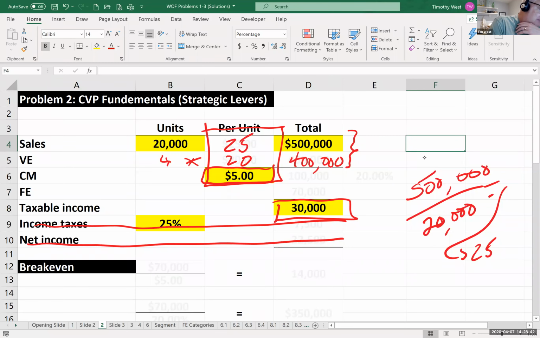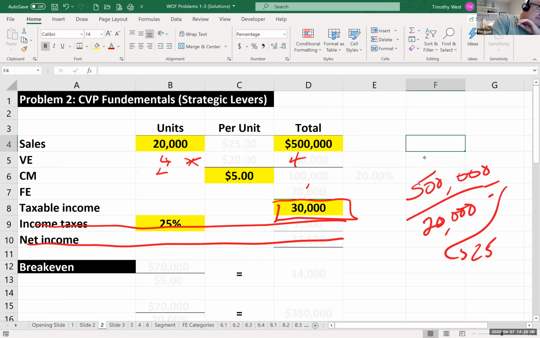And then the same thing, right, Jack? I just take the 20,000 times the 5, and that should give me 100,000. Or what's the other way I could do this? Just the straight subtraction, right? There's almost always 2 ways to do this, but remember, to do one of these, you need 2 of the 3 in combination, okay? So that's how we do the top half.